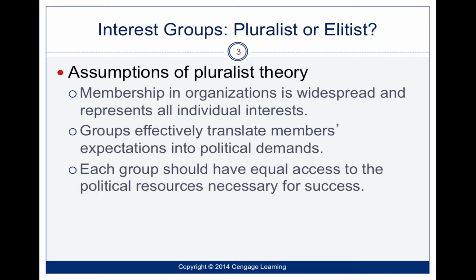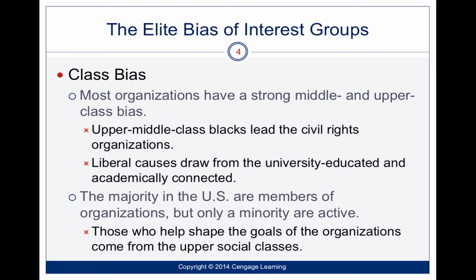Now, when we talk about this from an elite view, interest groups are usually controlled by middle and upper class biases. Upper middle class blacks led to civil rights organizations, and liberal classes draw from the university educated and academically well connected. A lot of us are members of these groups, but only a minority of us are active.